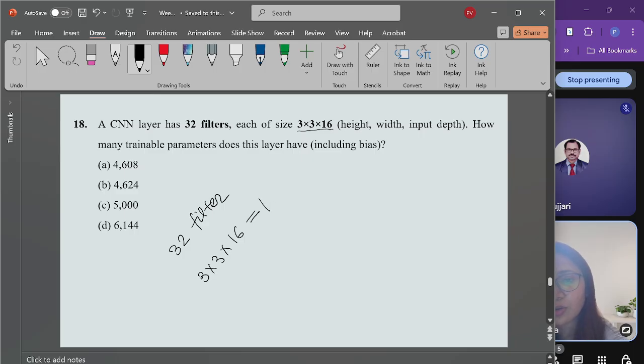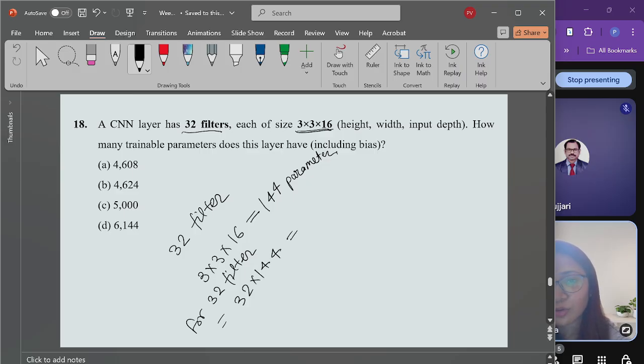If you multiply these three, you will get 144 parameters, right? This layer has 32 filters and each filter has this size. So for 32 filters, you get 32 multiplied by 144, then you get the total number of parameters.